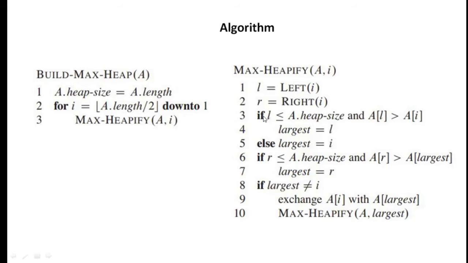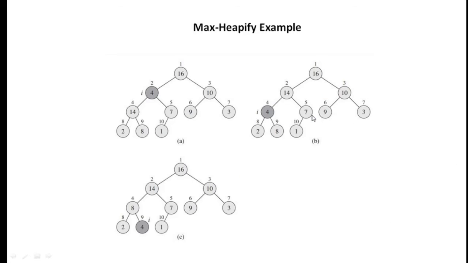Now, if L is lesser than or equal to A.heap-size, where L is the left subtree, this is checking whether the heap size is respected or not. For example, the heap size of this tree is 10.